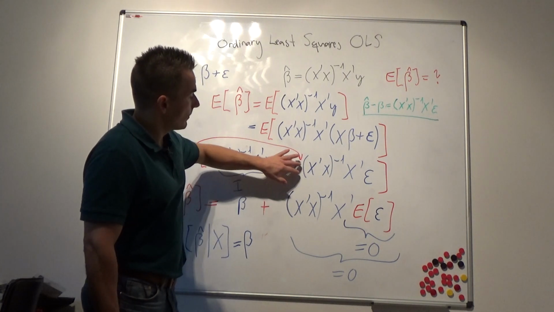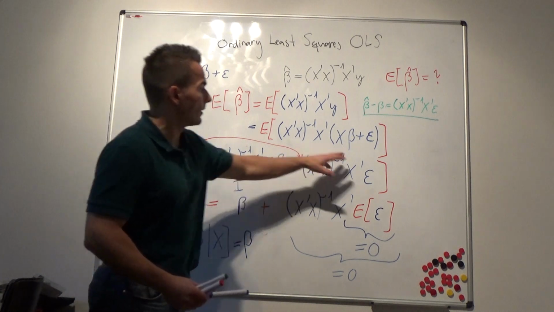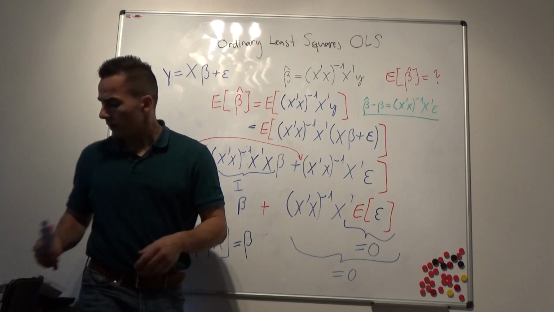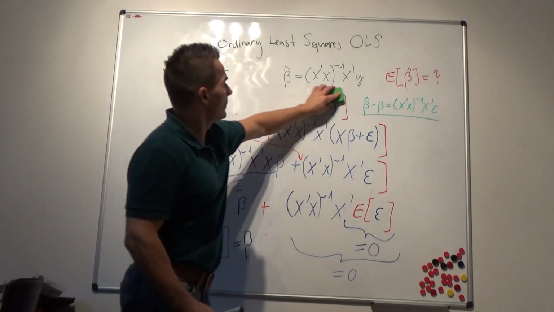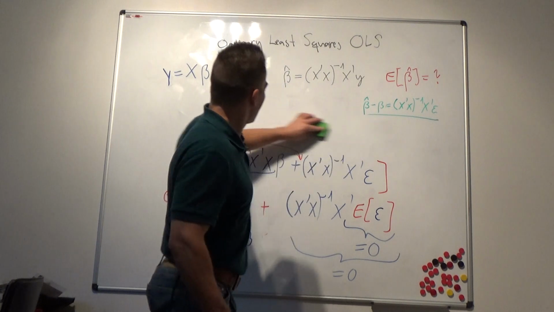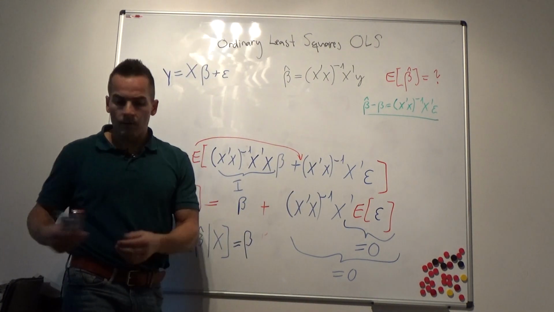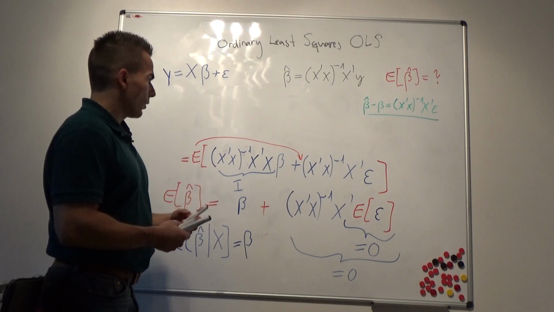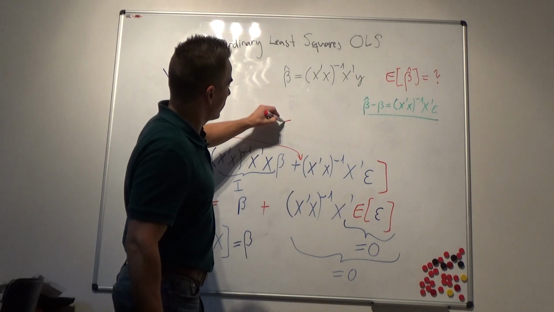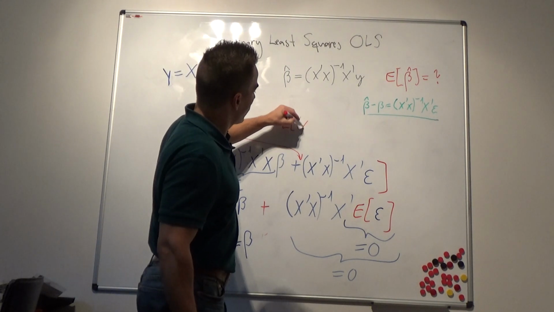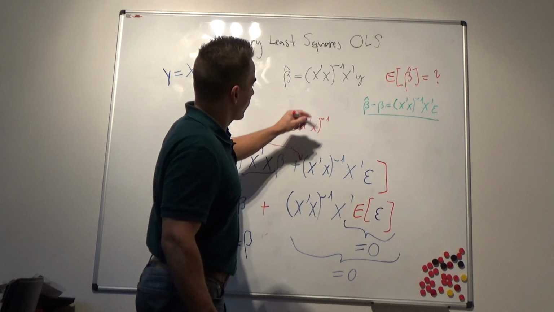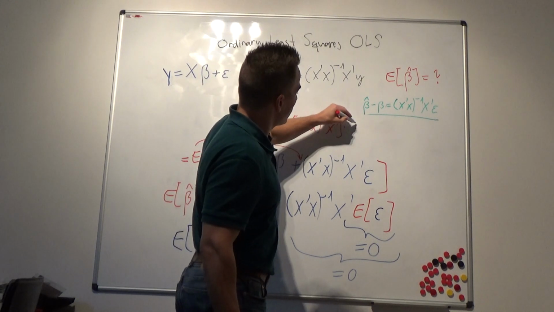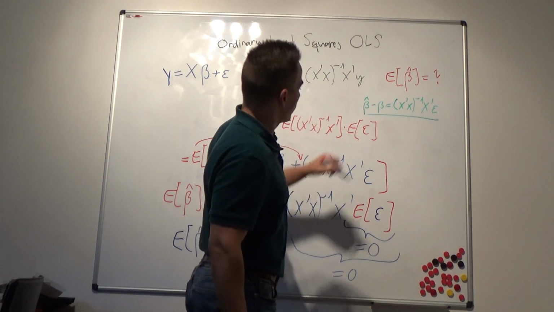Instead of having it here, we can move it further. So in the case of random regressors, if x and epsilon are uncorrelated, we can move the expectation operator in here. So the expectation of x transposed x inverted times x transposed, times the expectation of epsilon.